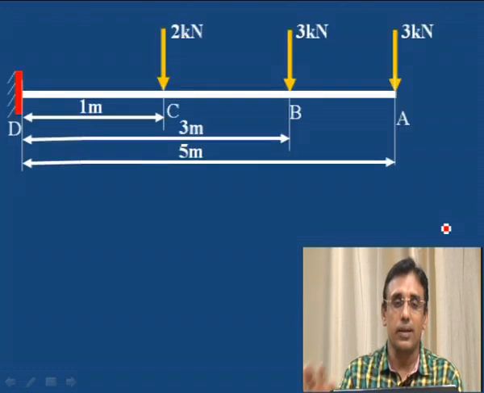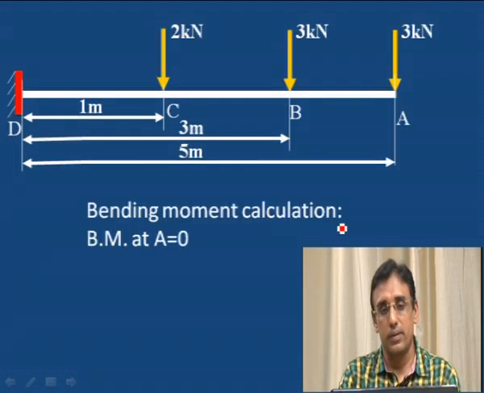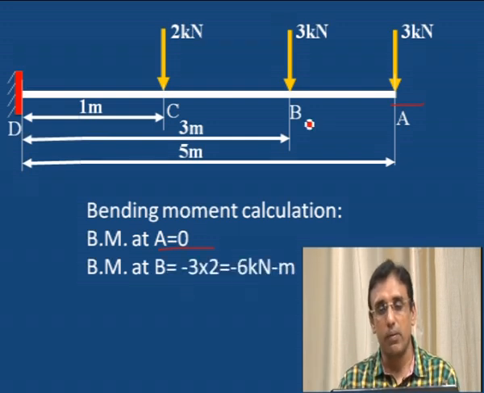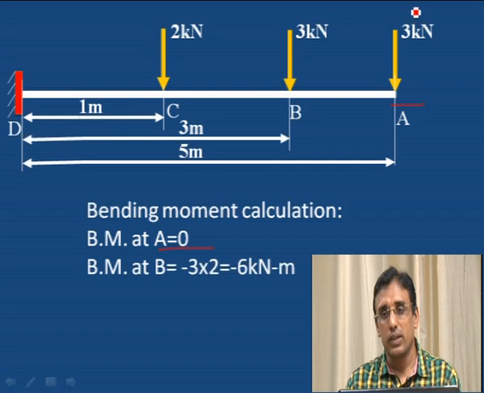Then to calculate the bending moment. Bending moment at A. At A, since it is a cantilever beam, it is 0. Bending moment at B. What is the force? 3 kilonewton and the distance from this point to this point. We are calculating the bending moment at B. 3 kilonewton into this distance, which is the moment, clockwise moment. 3 into distance.